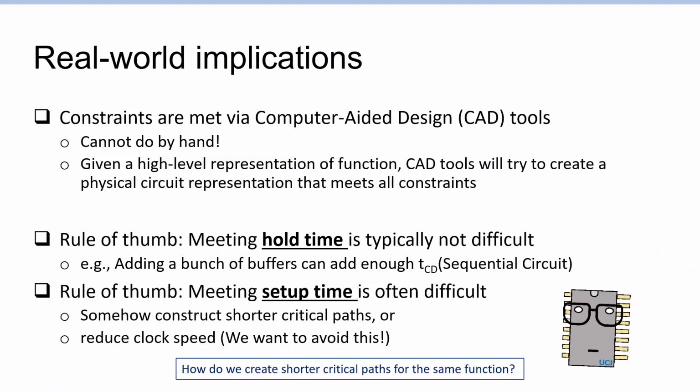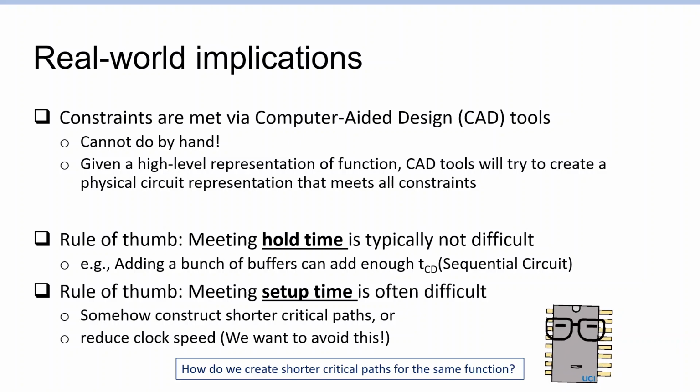What's more difficult, and typically a more critical constraint in building these circuits, is meeting the setup time. If you remember, the setup time constraint is that basically the computation needs to fit inside a clock period.